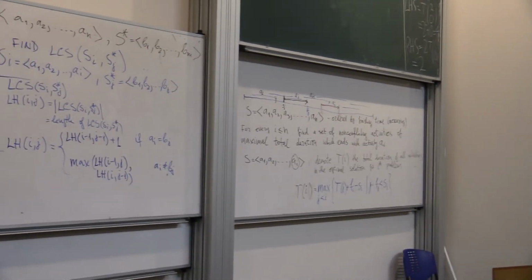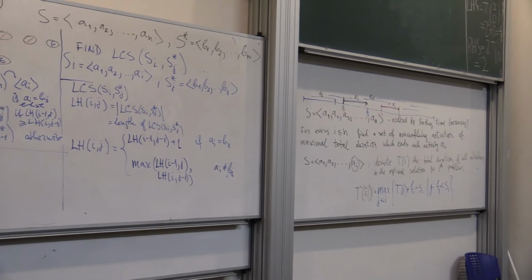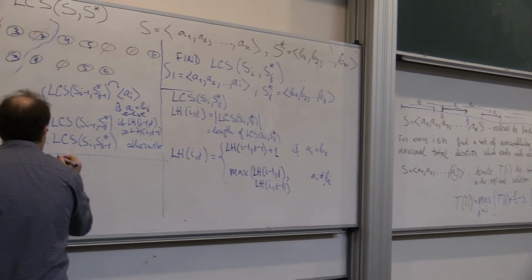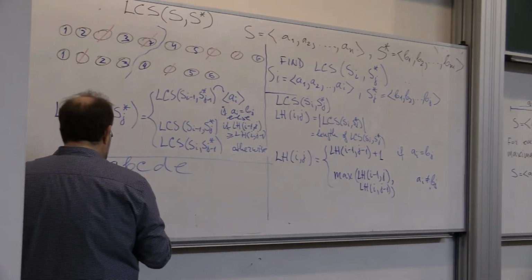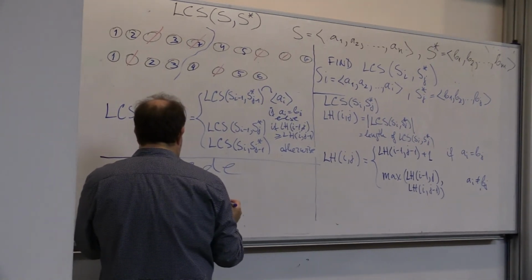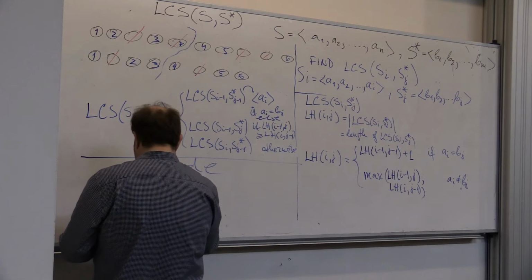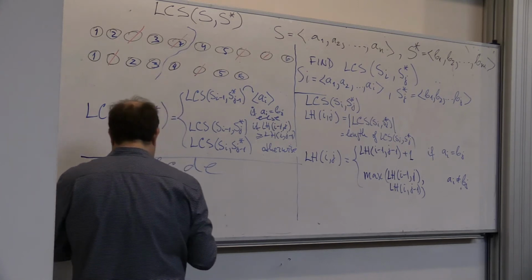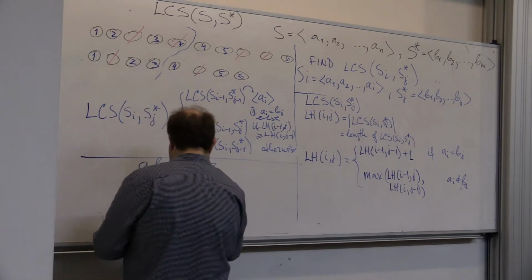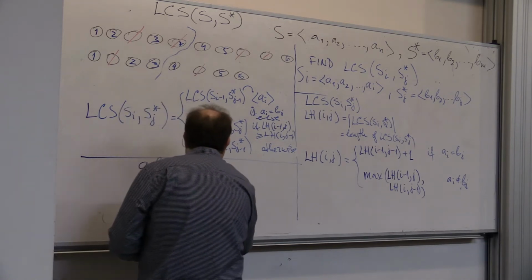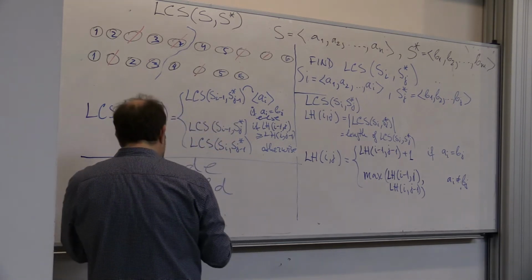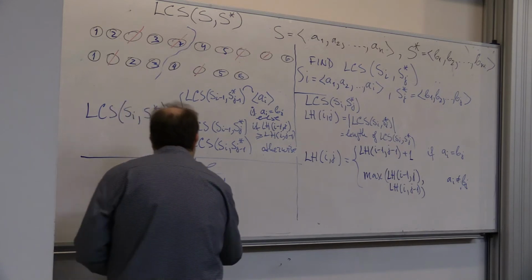The first sequence is A, B, C, D, E. The second sequence is A, C, D, E, B, D, and the third one is A, B, D, C.